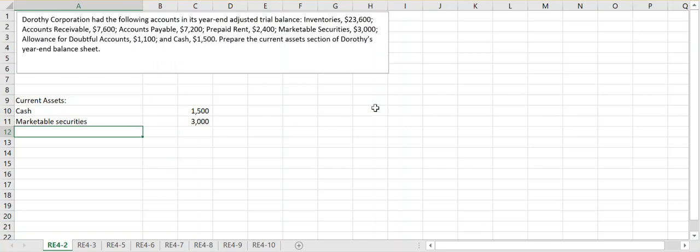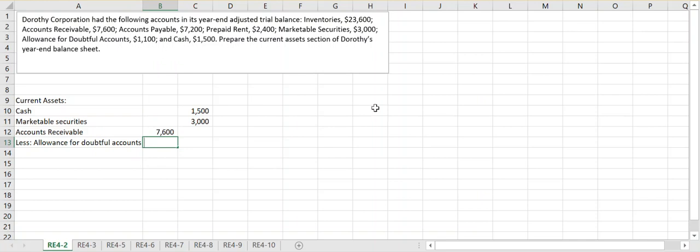When we're thinking about accounts receivable, yes, that's going to turn into cash for us eventually, but we actually have to wait for our customer to pay us in order to receive that cash. So it's a little bit less liquid than our marketable securities. Our accounts receivable, they tell us that we're waiting to receive $7,600. However, we know that we have to reduce that by our allowance for doubtful accounts.